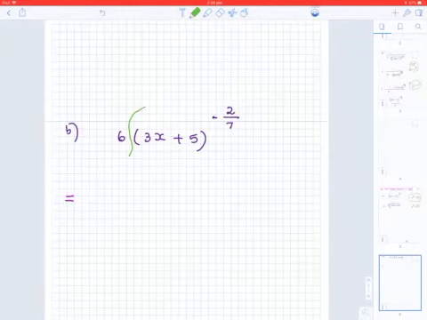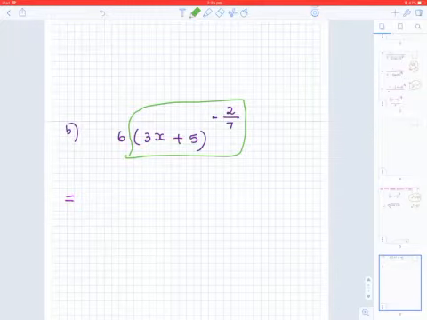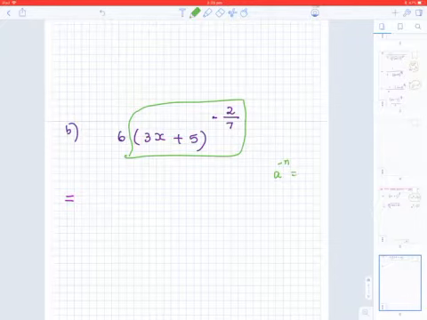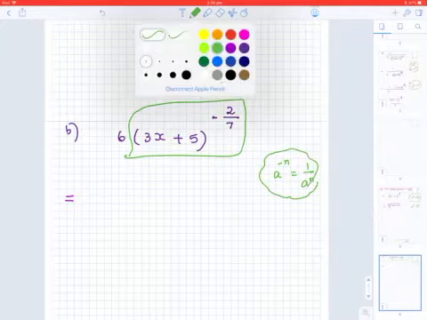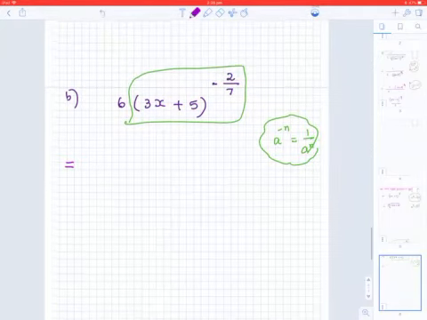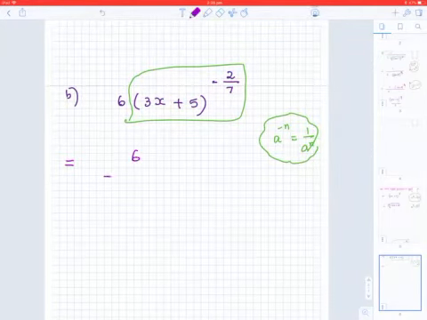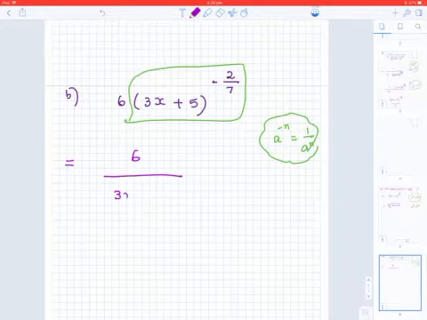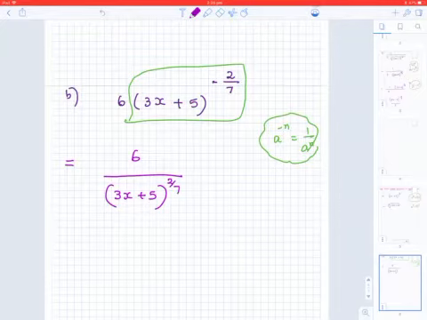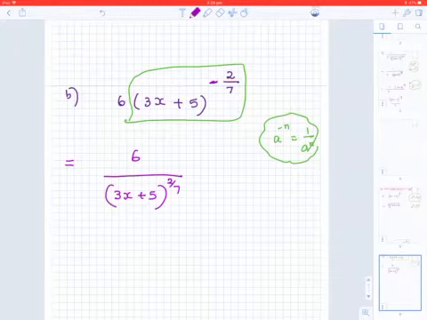Now remember, when you do that, you're going to take only this part down, because 6 stays in the numerator. So using this result, a power negative n equals 1 over a power n, my question becomes 6 divided by 3x plus 5 to the power 2 over 7.